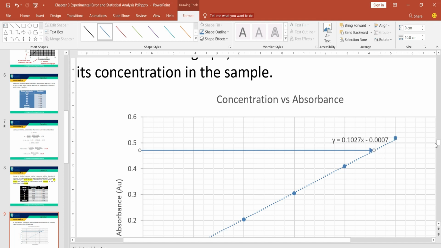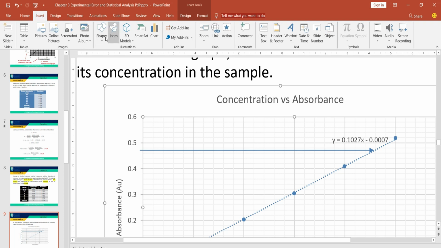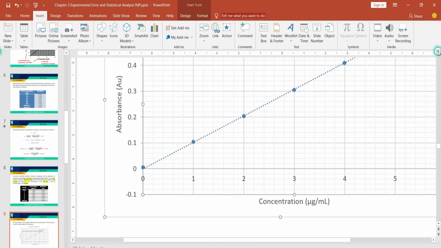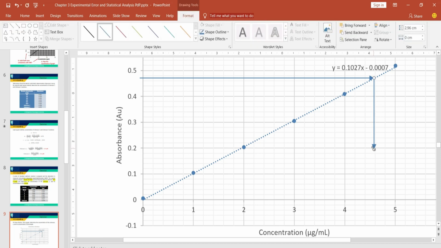Then from here, insert another arrow to get the value on the x-axis. It will start right at the end of the first arrow, and then you put it on the x-axis.